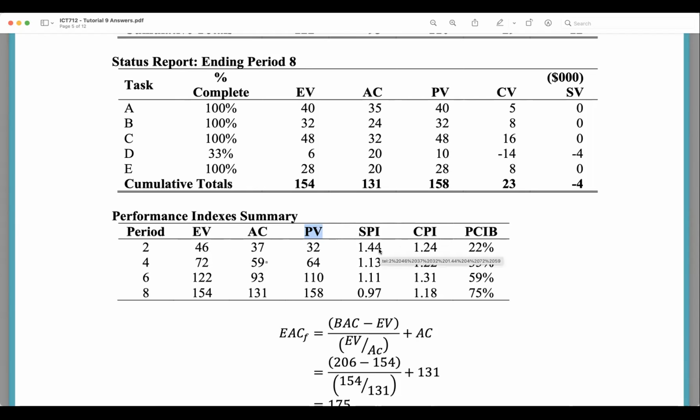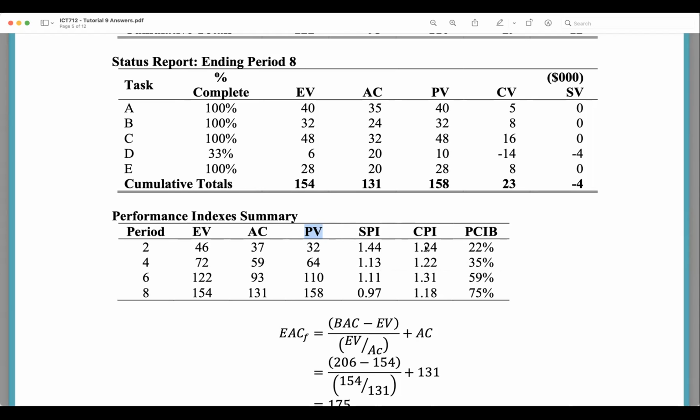dollar of scheduled work I'm supposed to complete, I'm earning $1.44 worth of work. So I'm completing more work than I'm scheduled to complete. And from a cost perspective, for every dollar that I'm spending, I'm earning $1.24 worth of work.